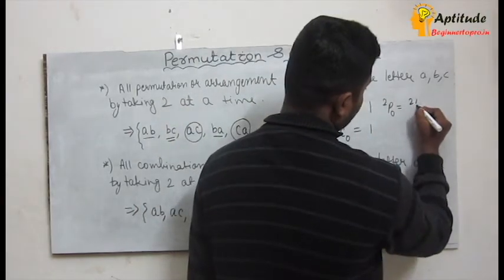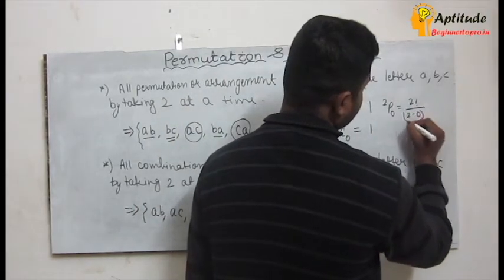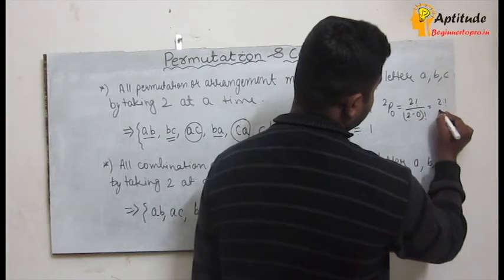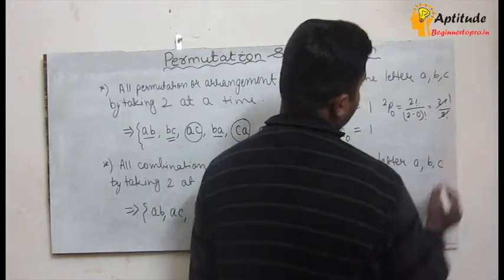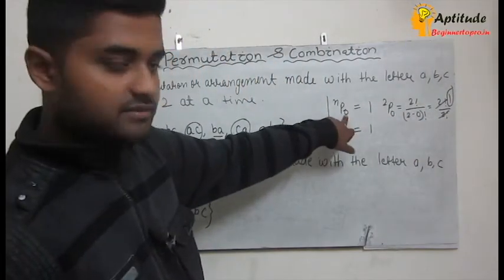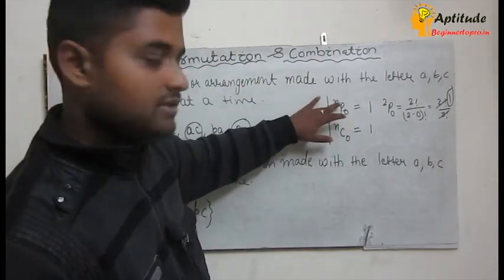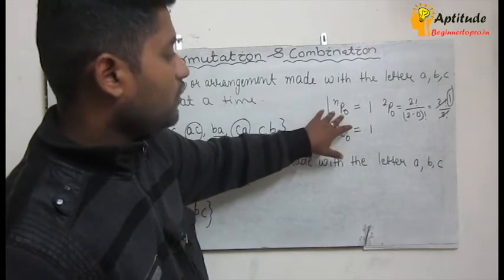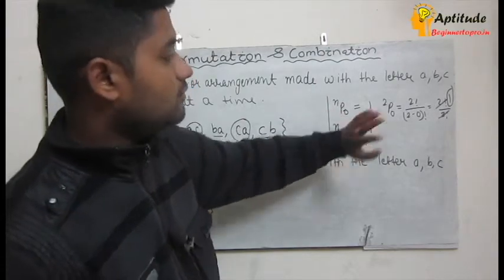So this is 2 factorial by (2 minus 0) factorial, which is 2 factorial by 2 factorial, which is 1. So whenever you see 0 in case of permutations, whatever the value of n, the final value will be 1.